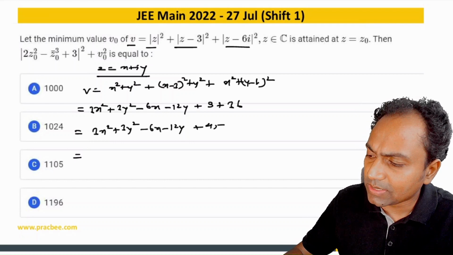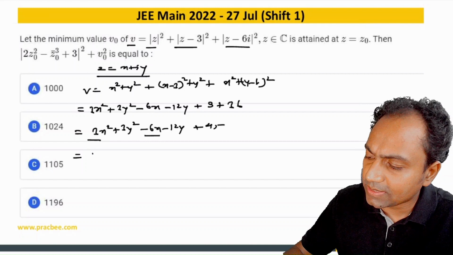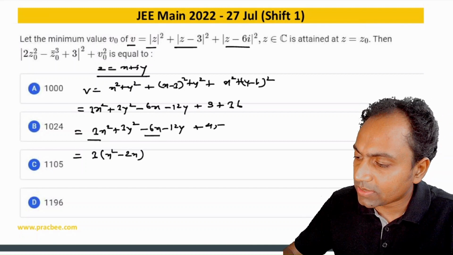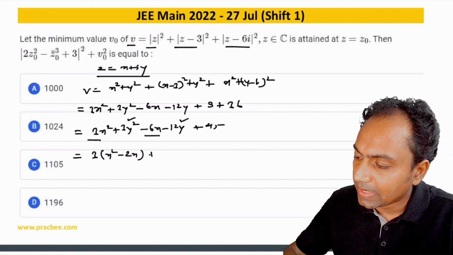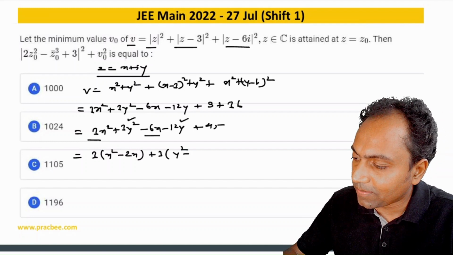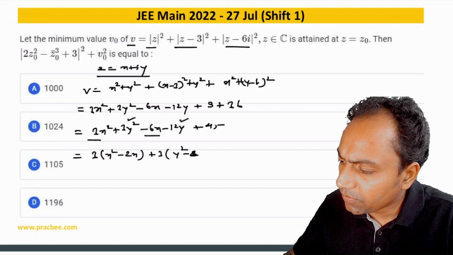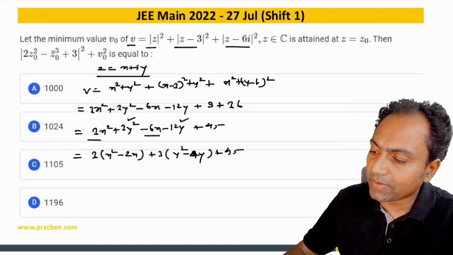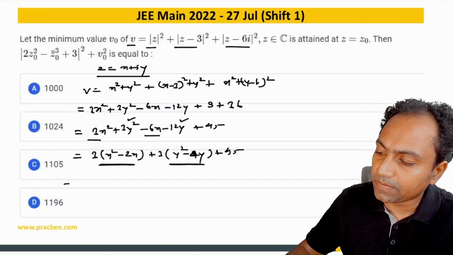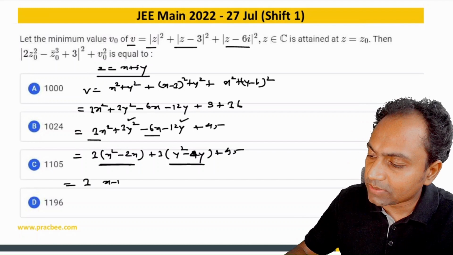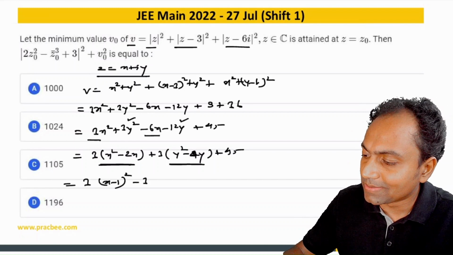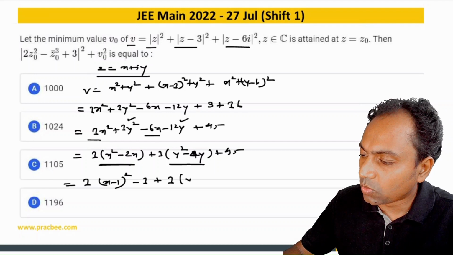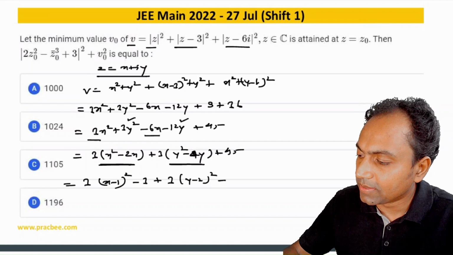Now what I can do is take the terms of x and take 3 common, so this becomes x² − 2x, then take the y terms and take 3 common again, so y² − 4y, and then you can see 45 is left. Now I can make a perfect square out of both of them, and if I do so, it becomes (x−1)² − 3 and (y−2)² − 12, plus 45.